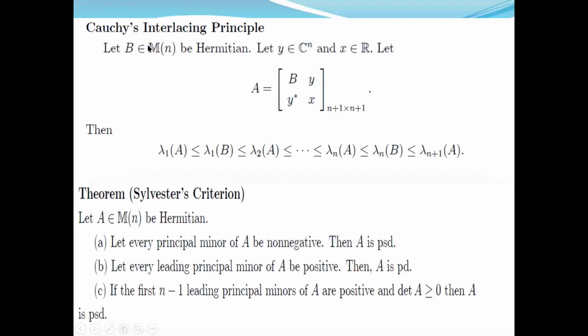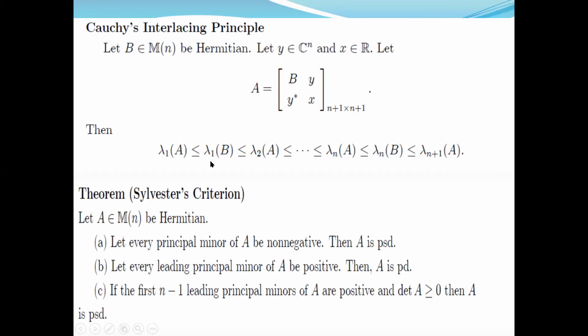So this Cauchy interlacing principle, this is clear. Yes, sir. Eigenvalues of B are arranged as lambda 1(B) less than or equal to lambda 2(B) and so on up to lambda n(B). And then lambda 1(A) is less than or equal to lambda 1(B), less than or equal to lambda 2(A), and so on up to lambda n(B) less than or equal to lambda n+1(A).